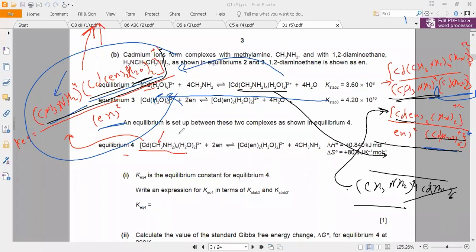So as I said, guys, now in the numerator we have these things here, which is similar to dividing K stab 3 by 2. And in the denominator we will have En to the power of 2. And here we will also have this one down.